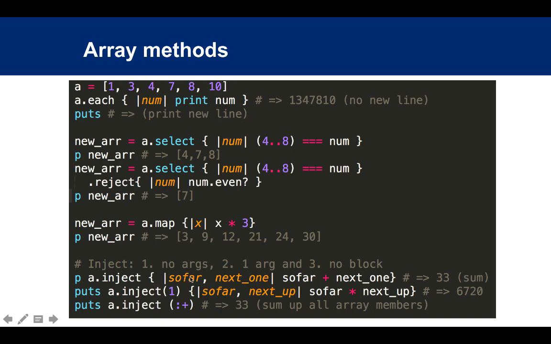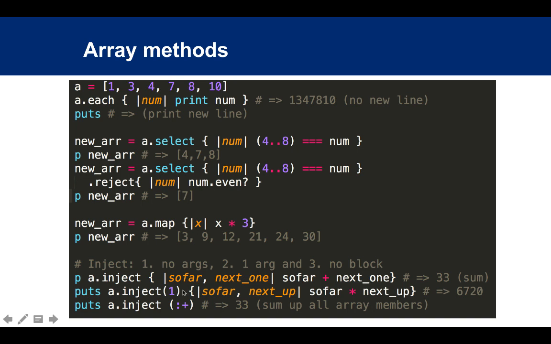So far we'll have the sum so far. So if you don't pass anything in there as a parameter, it will start with the first element. So in this case, the first element is 1, or the 0th element is 1. So it will be 1 plus 3, and then plus 4, plus 7, plus 8, plus 10. And at the end of the day, you're going to have a sum of all elements.